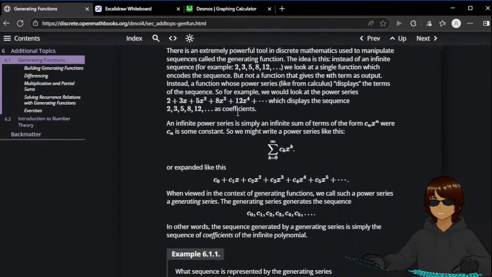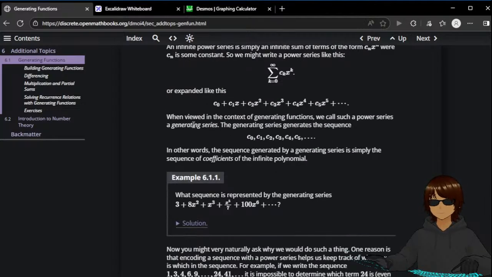as coefficients. An infinite power series is simply an infinite sum of terms of the form c_n x^n, where c_n is some constant. I think they have a typo here. So we might write a power series like this: the sum of c_k x^k, so c_0 + c_1 x + c_2 x^2 + c_3 x^3.